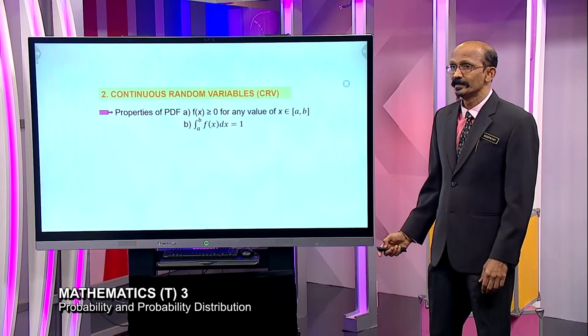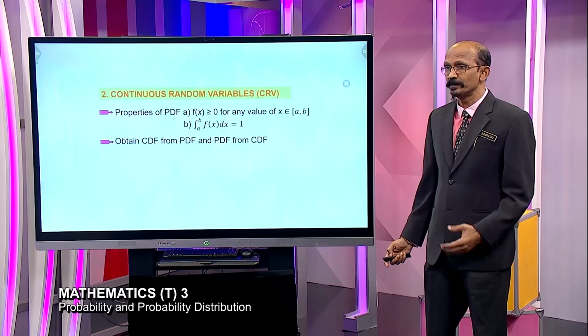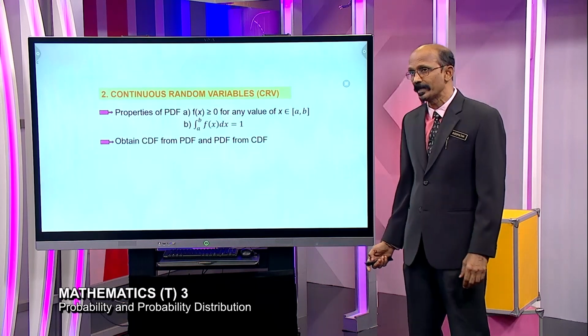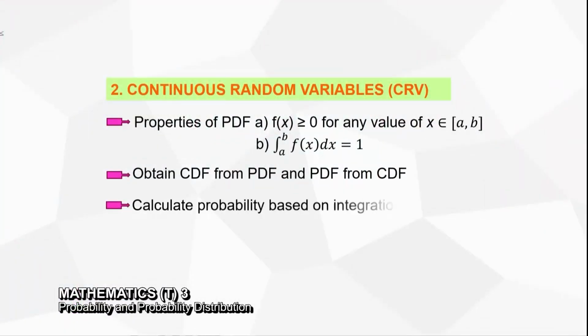Then you should be able to obtain CDF from PDF and PDF from CDF, and calculate probability based on integration of PDF, use a graph in the case of a linear function, or use CDF. These are 3 ways to obtain your probability.